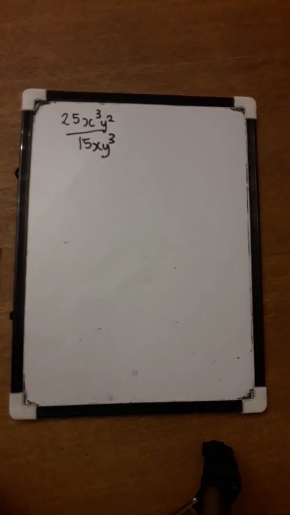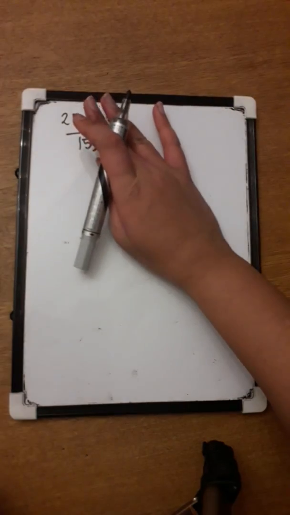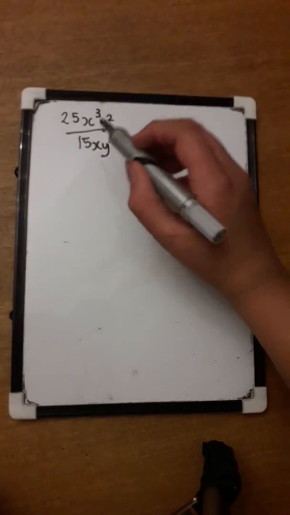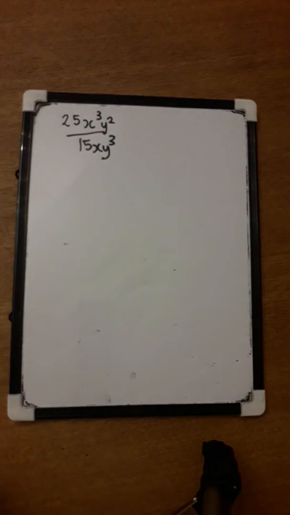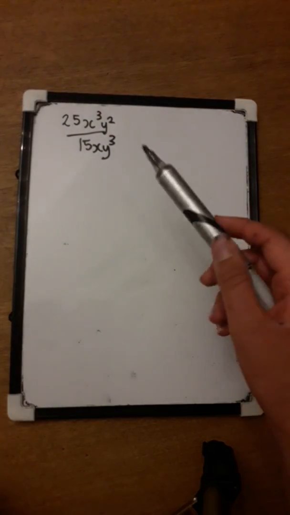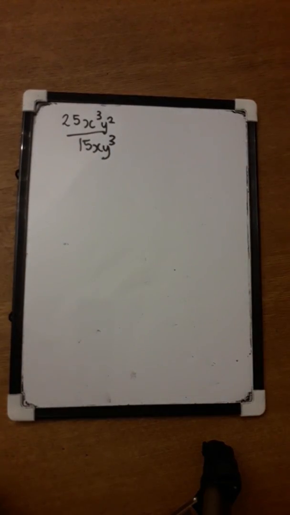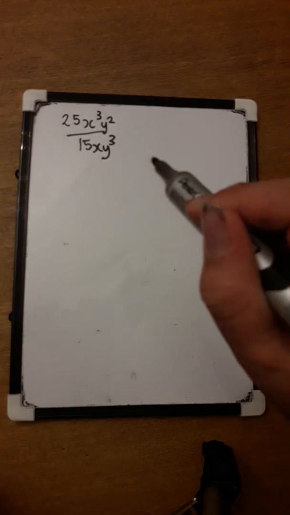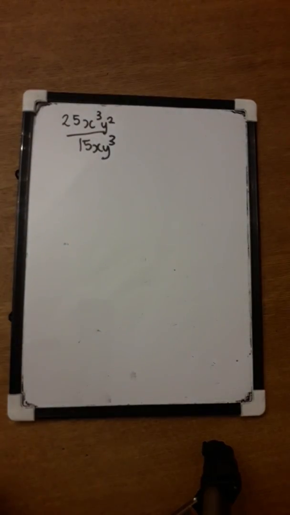The first thing we do, we disregard the x and the y's at the moment and we just focus on the 25 and the 15. So we look at the highest common factor of both, which is 5. So we divide 25 and 15 by 5.